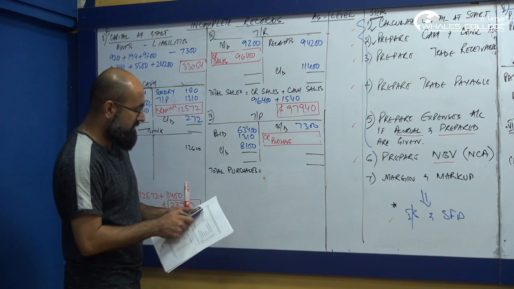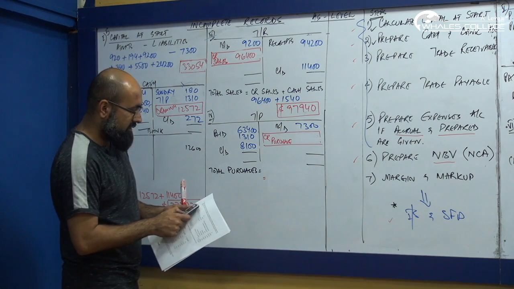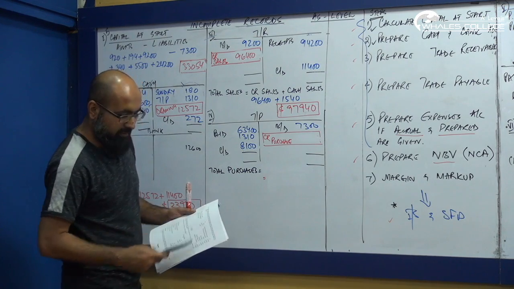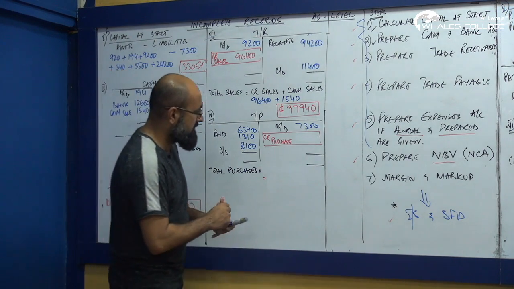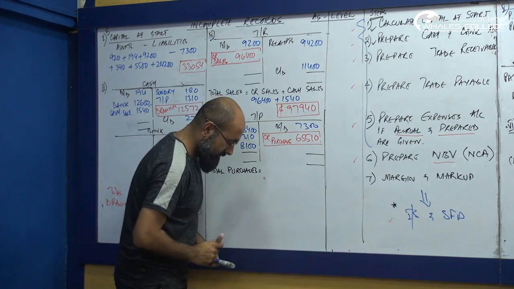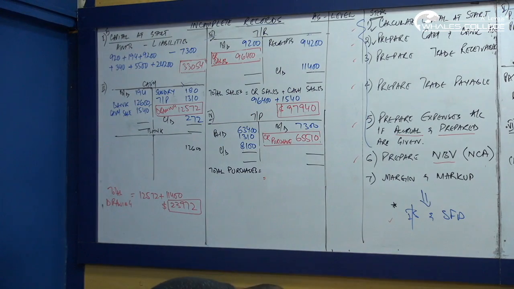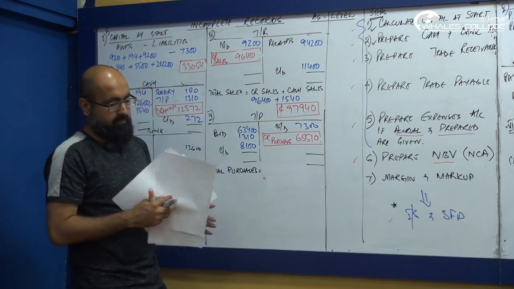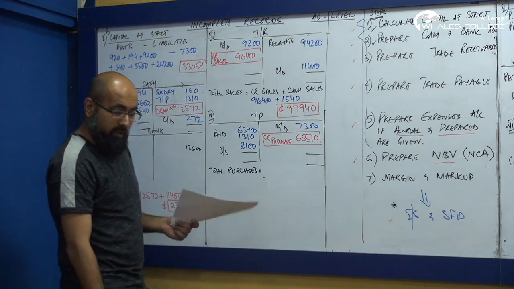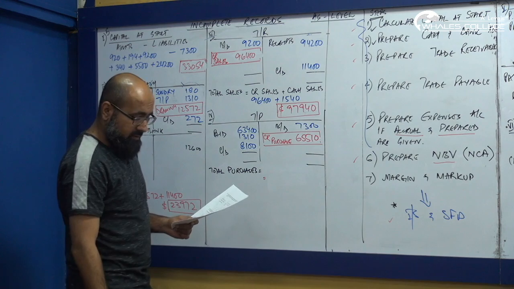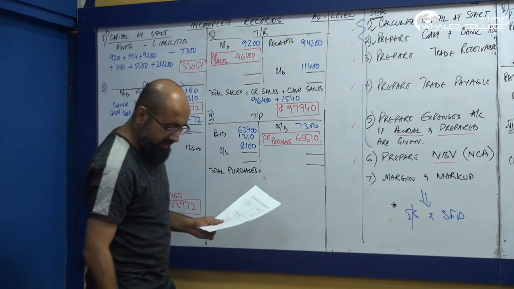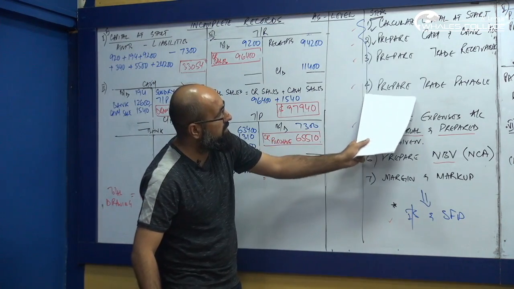There's a mistake here. 63400... 65510. 65510. Now the next step, we have done 1, 2, 3, 4.